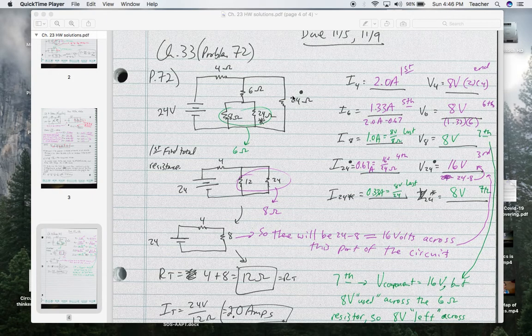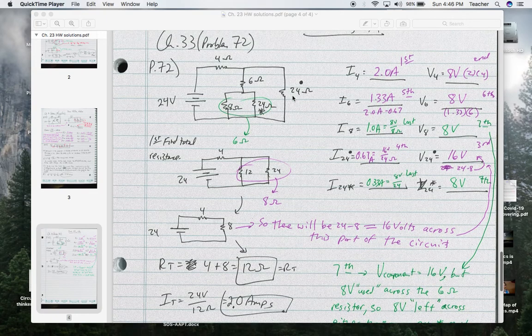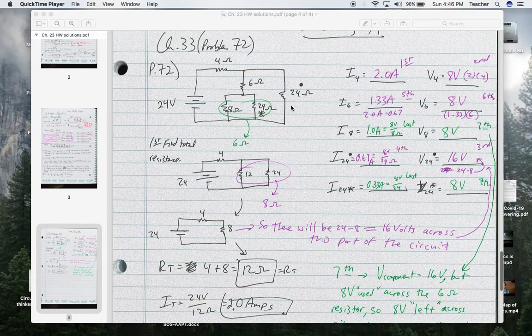Next, I'm going to probably attack this 24 ohm resistor, because if you look after the 4 ohm, that's the only thing in that outer path. So if I used 8 volts across the 4 ohm, and I have 24 volts total, I would have 16 volts left to use across this. So I said 24 total minus 8, 16 volts.